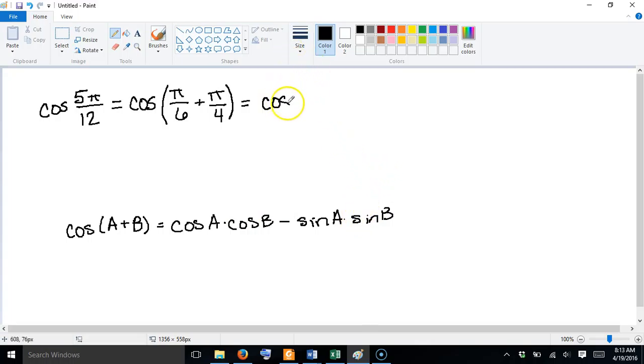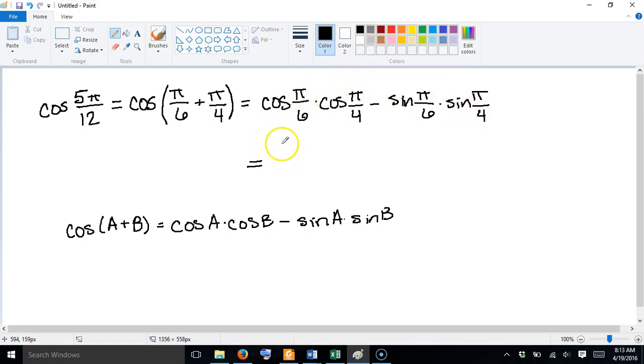So cosine pi over 6, cosine of pi over 4, minus sine of pi over 6, sine of pi over 4. Now find the exact values for all four of these expressions.